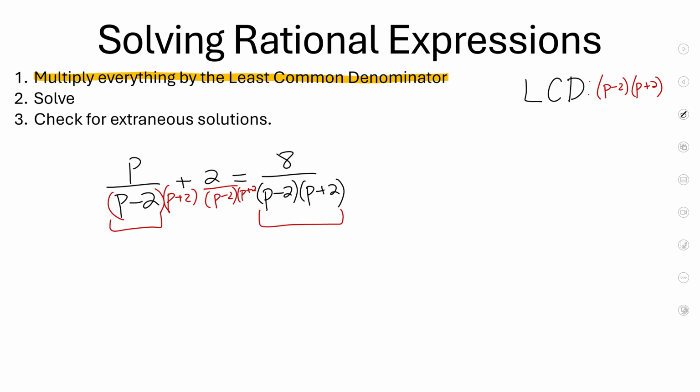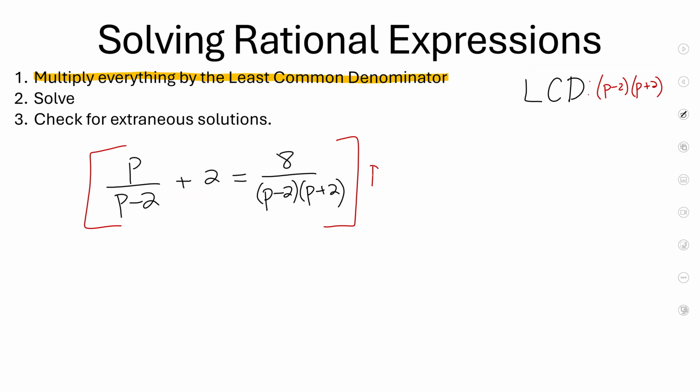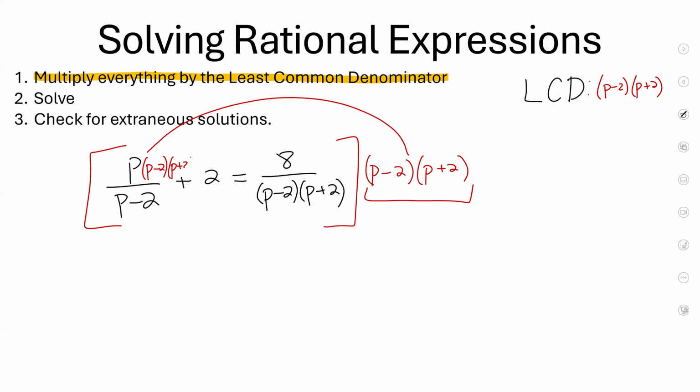Okay, so guys, that is your strategy. I'm going to keep this the same, but we figured out what the least common denominator should be. So I'm going to multiply everything by my least common denominator. So look real quick. If I take all of this and multiply it by the p, I'll just distribute it in. So this will be p minus 2 times p plus 2.